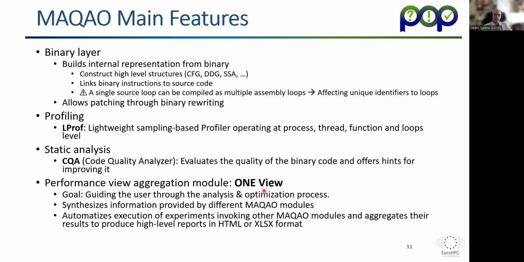And finally, OneView, which does not perform any analysis by itself, but is in charge of launching the application. It needs information on how to do that, invokes the various modules one after the other, and then aggregates the results and generates high-level reports on the application.